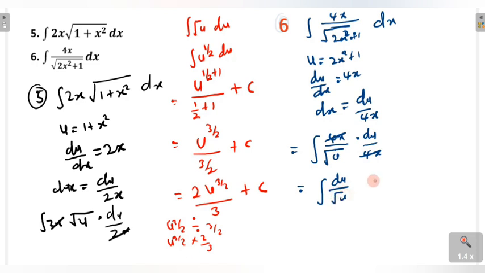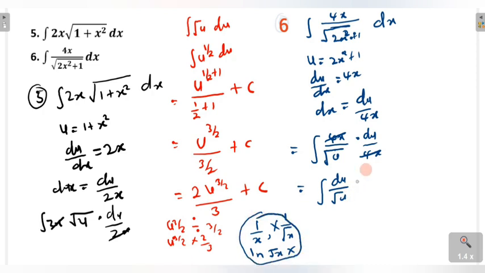Now this is not the same as 1 over x. It's not the same as 1 over root x. They are not the same. So you can't take this to be the natural logarithm of root x. It is wrong. Okay, so you can't do that.